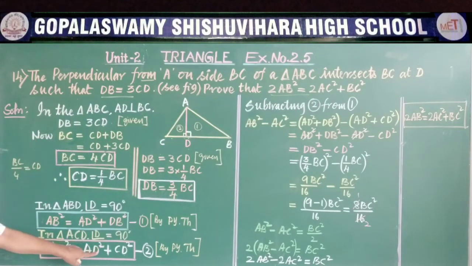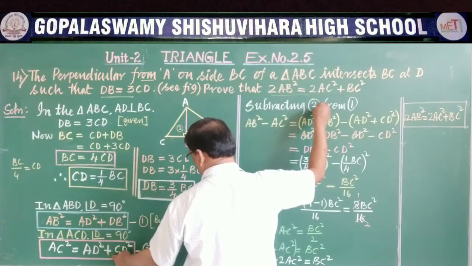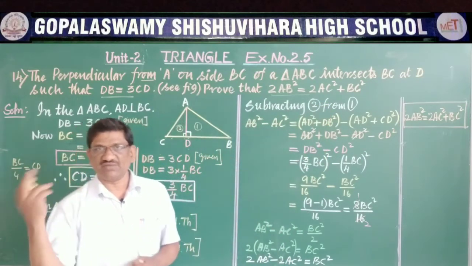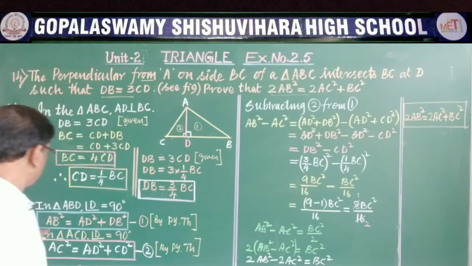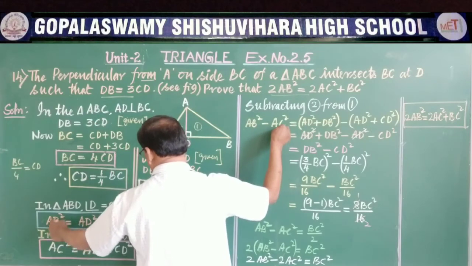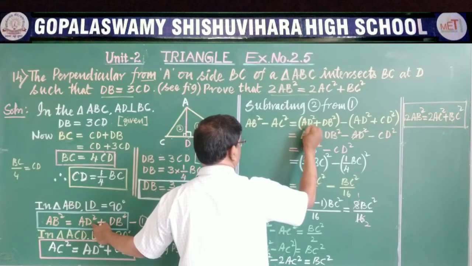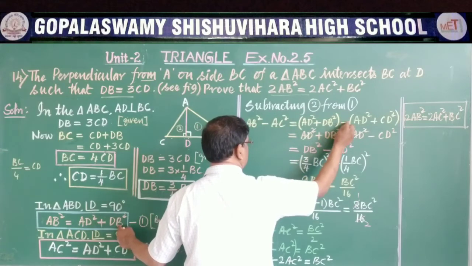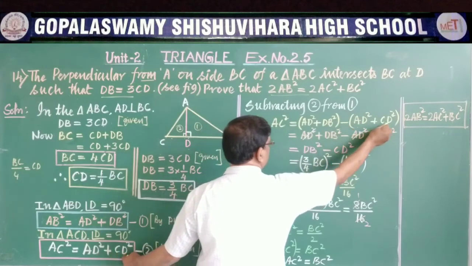Now to get the required equation, what is to be proved, I am going to subtract equation 2 from 1. Left hand side with the left hand side, right hand side with the right hand side you have to subtract. Clear, children? In the left hand side, that is AB square minus AC square. On the right hand side, in equation 1, AD square plus DB square, I put the bracket because we are subtracting, minus AD square plus CD square.